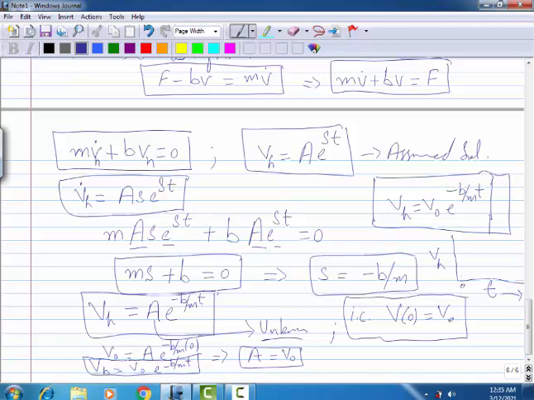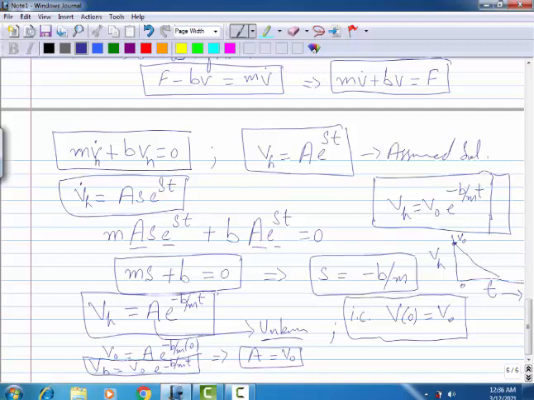At time t equal to 0 we start from the initial condition, v naught. As time increases, when I put infinity here, it becomes e to the power of minus infinity, which is 1 divided by infinity, and when something is divided by infinity, it becomes 0.